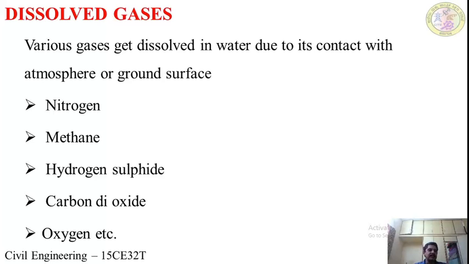This oxygen is generally absorbed by the water from the atmosphere. But this absorbed oxygen is consumed by the unstable organic matter and used for oxidation processes. The complex organic substances are converted into simpler substances by consuming the oxygen.